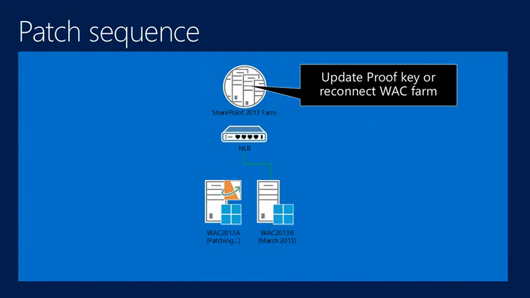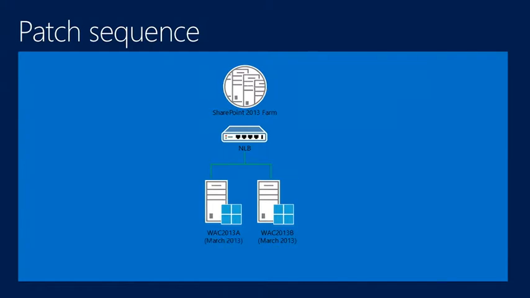And finally, you add the second farm. Interestingly, you don't have to run update proof key all the time, because SharePoint handles two proof keys, a new one and an old one. So it always has a backup of the previous one, and it checks both all the time. But in some cases I've seen you have to run that command.